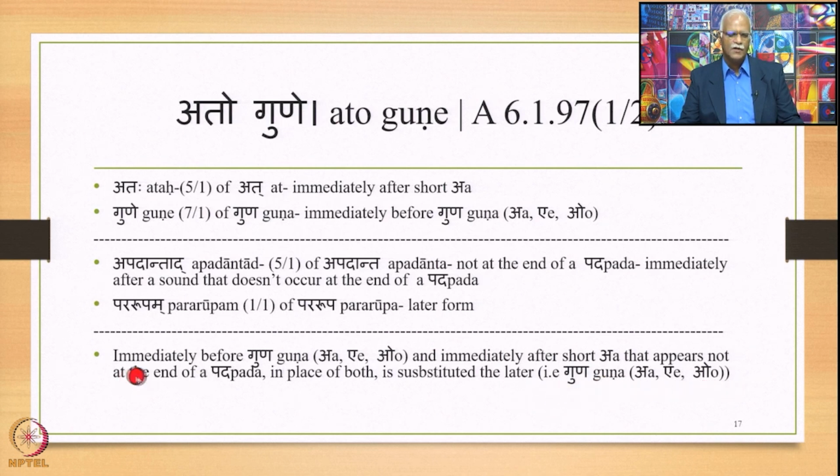I repeat, immediately before guna, gune, that is a, and o, and immediately after short a, at, that appears not at the end of a pada, apadantat. In place of both, ekah purva parayoho is substituted the latter, pararupa. In this case it is the guna.